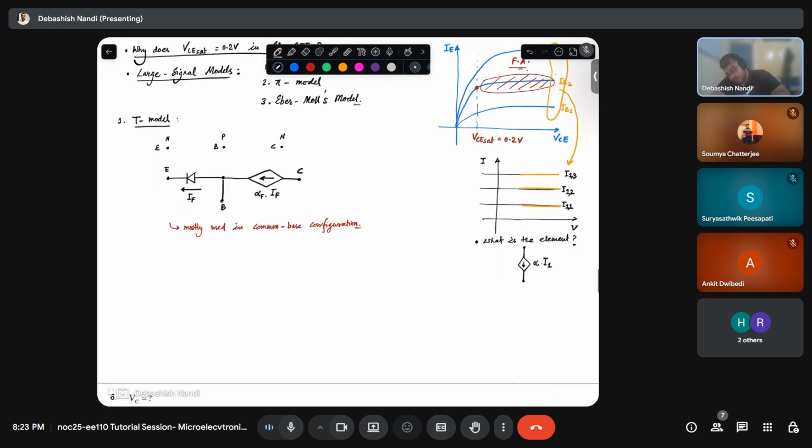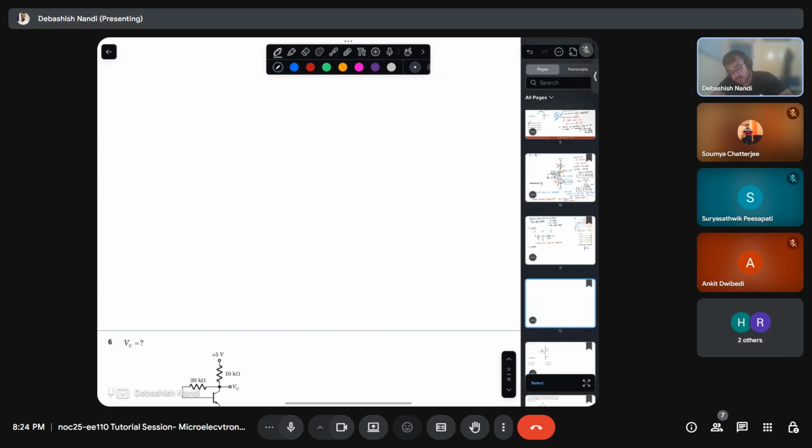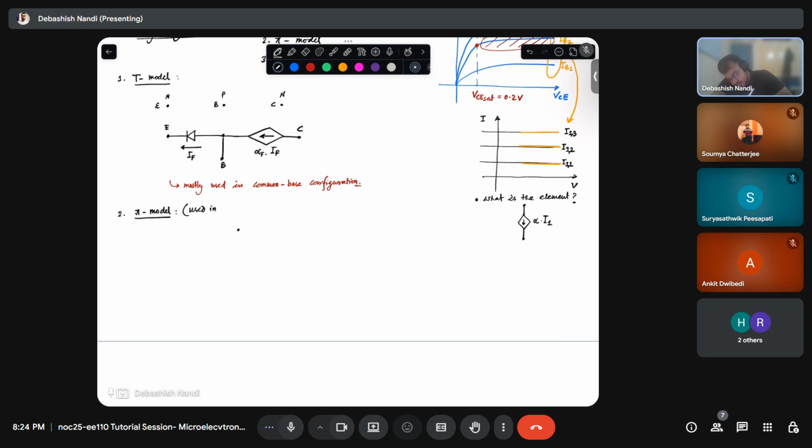Similarly, you have your pi model. Pi model is nothing but it comes directly from your T model. So you know your T model, right? Now let me tell you that it is used in common emitter configuration mostly. So I'll just draw my emitter this way.